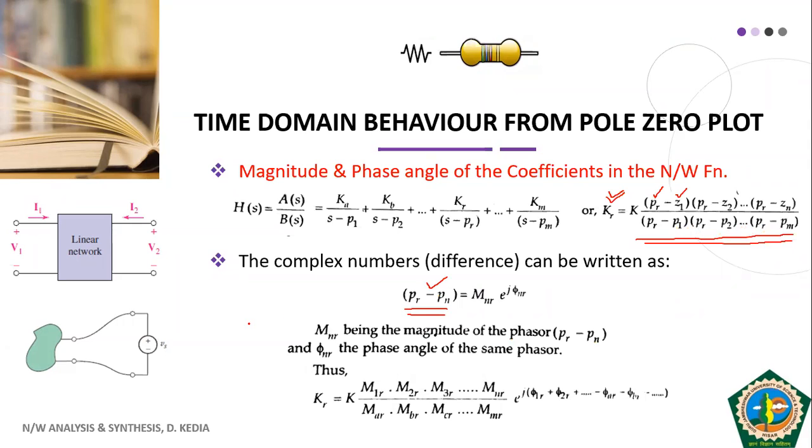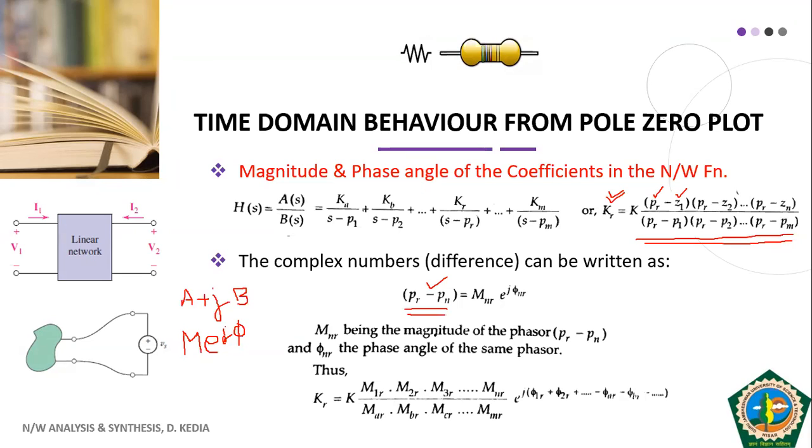And I think you already know that if we have a complex number represented as, say, a plus jb, we can represent this complex number like this. We can say the magnitude of this complex number, that is m, multiplied with e raised to power j phi, and phi is the phase.